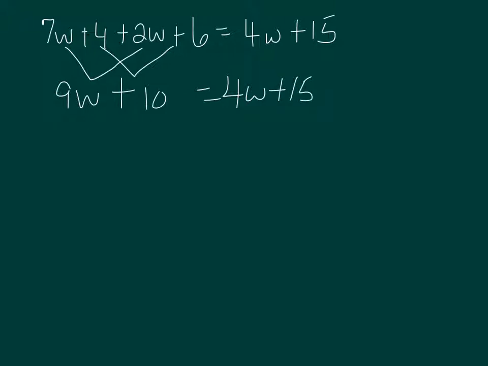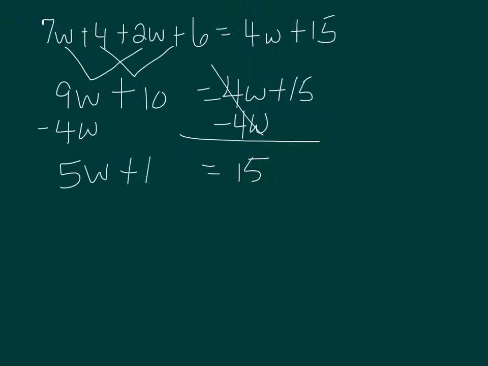Okay, so now let's subtract 4w from both sides, and I'm left with just 15 on my right side, and 5w plus 10. We're down to a two-step equation. Let's subtract 10 from both sides.